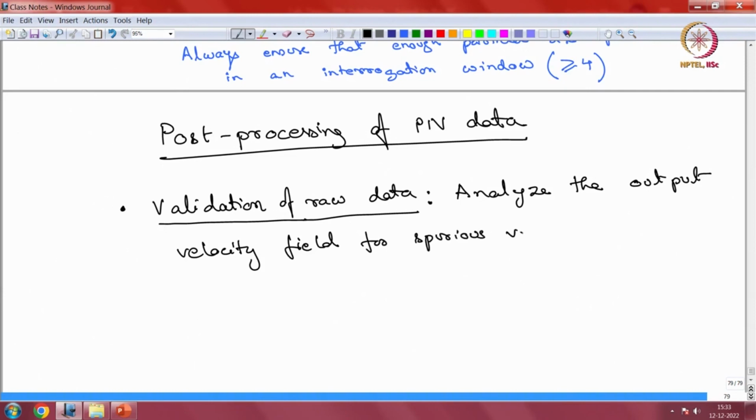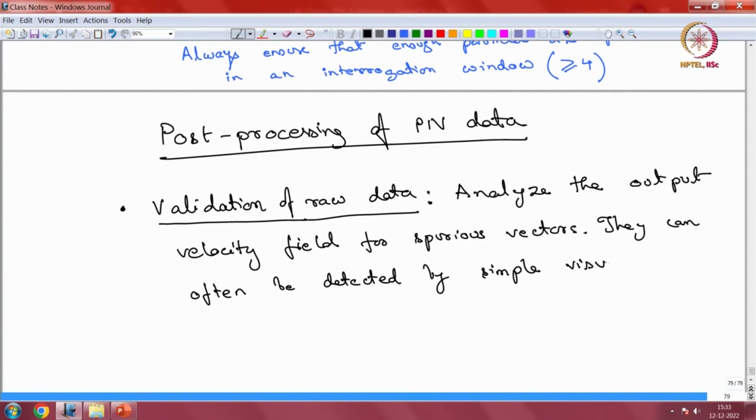I'll explain what spurious vectors are. They are errors in calculation. They can often be detected by simple visual checks.